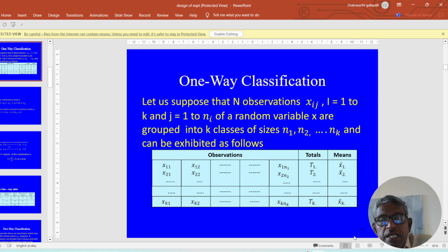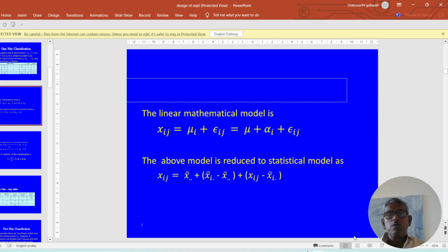These observations may or may not be equal. That means n1 equals n2 equals so on nk in some cases, but in general, in practice, in one-way classification, we are not considering them as equal. The mathematical model we apply on one-way classification is xij equals mu i plus epsilon ij.